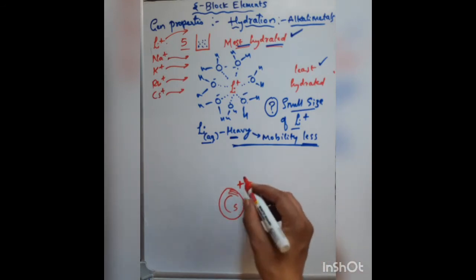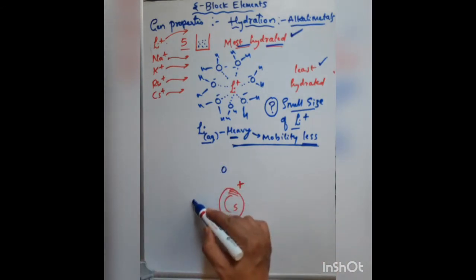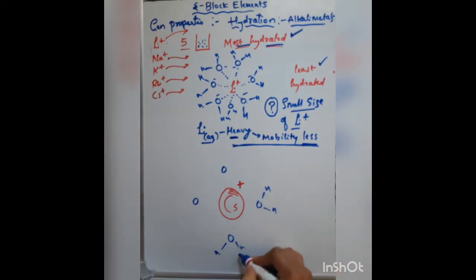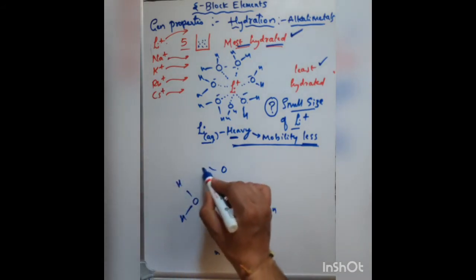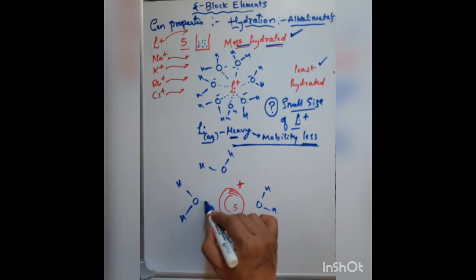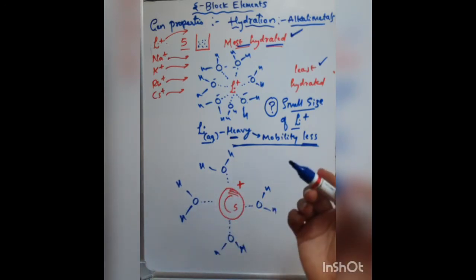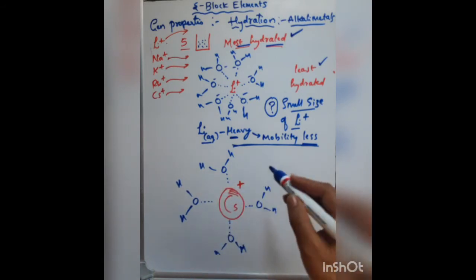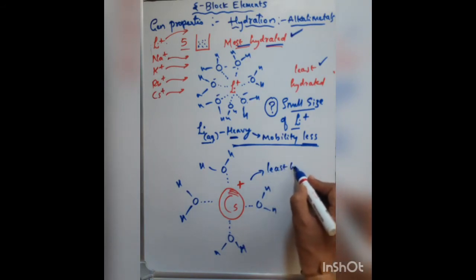So because of this reason, cesium will be having only few water molecules surrounding that. So cesium is having only few number of the water molecules around that. That means cesium is least hydrated.